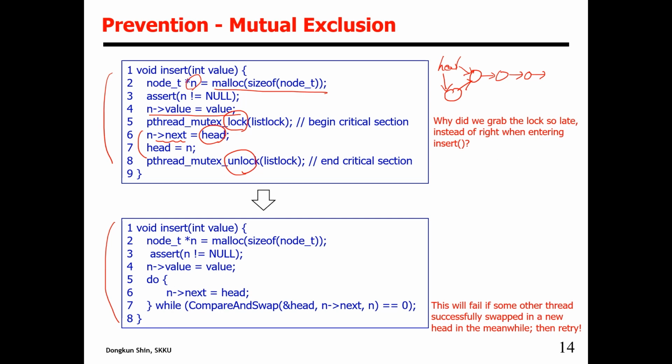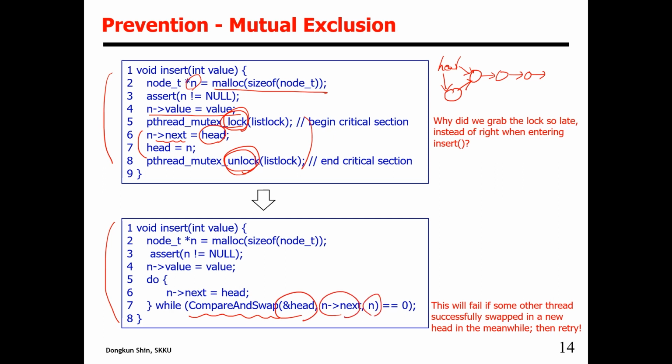So to update this list, we must implement this critical section using a lock variable. But by using the compare and swap instruction, we can implement the same operation without locking the critical section. So compare and swap with head and next.